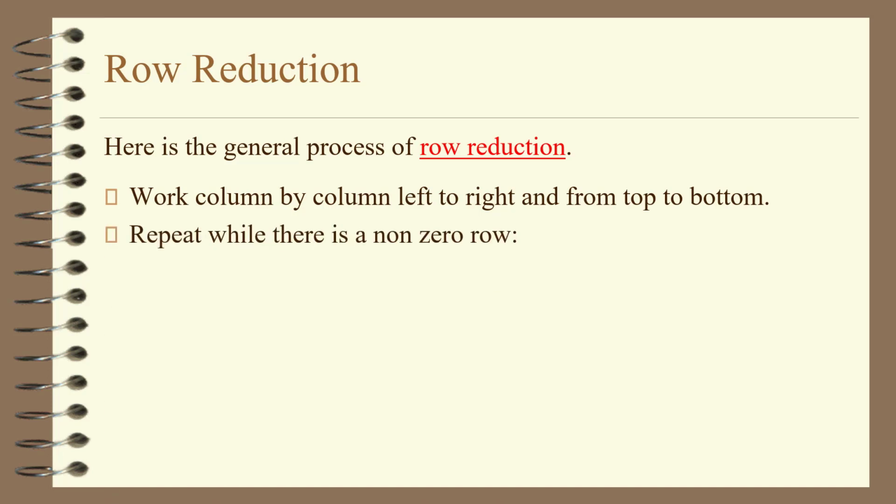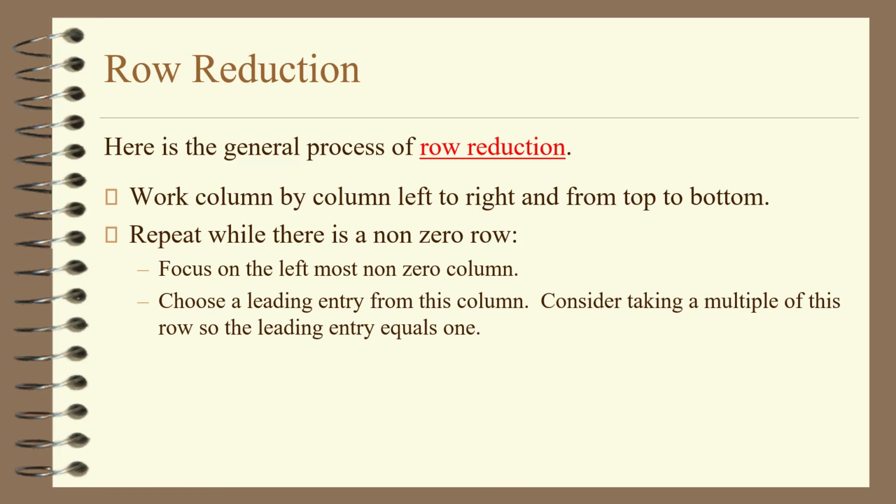Just repeat these steps while there is a non-zero row. First, focus on the leftmost non-zero column. That column will be a column of leading entries. Just pick one. Any of them will work. Also, if that leading entry is not 1, consider multiplying that entire row by some constant so the leading entry is 1. It's convenient to do so, but only do this if you don't introduce fractions, because you don't want to handle fractions from here on out.